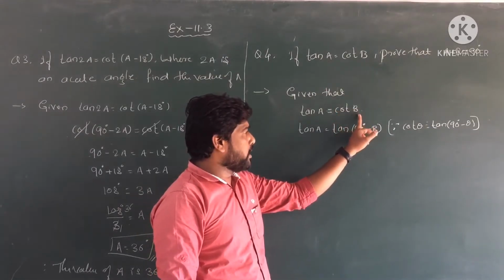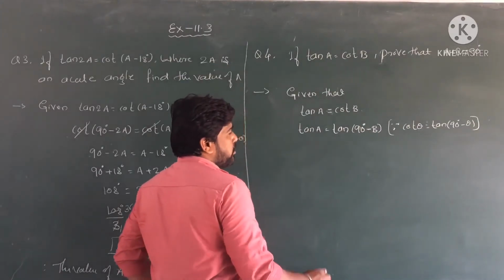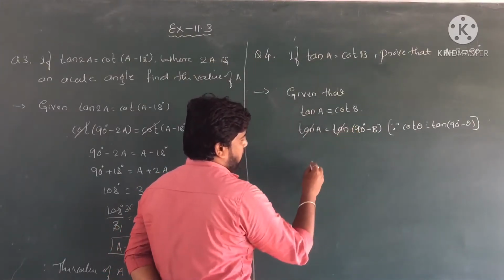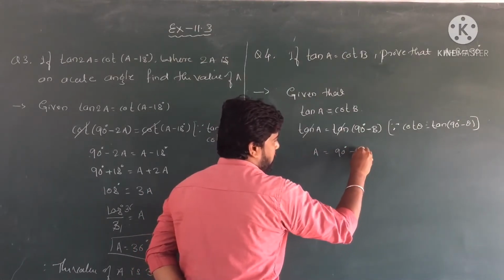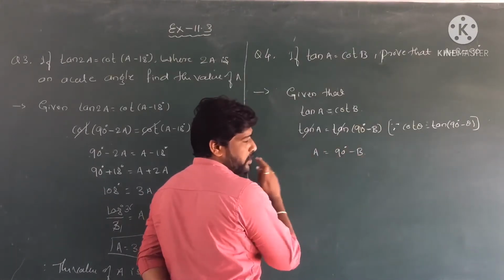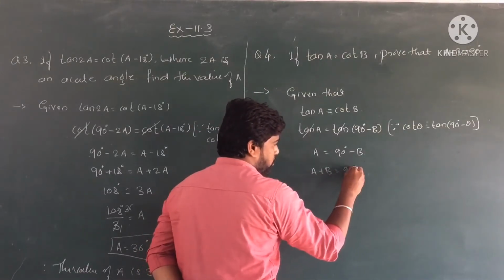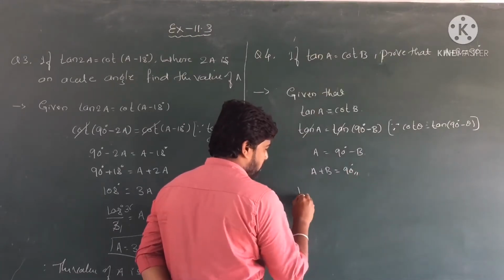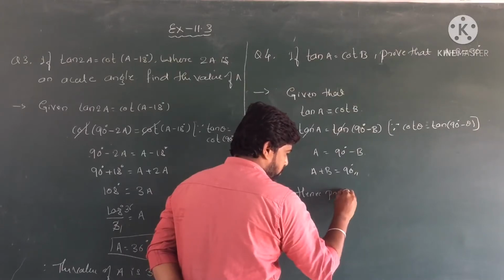So cot b is equal to tan (90 minus b). Is it clear? So here both sides tan gets cancelled. So remaining term a is equal to 90 minus b. So b comes this side, this becomes plus. So a plus b is equal to 90. Hence proved.